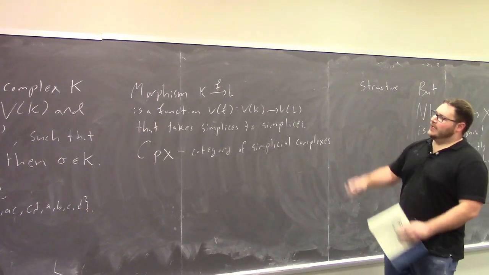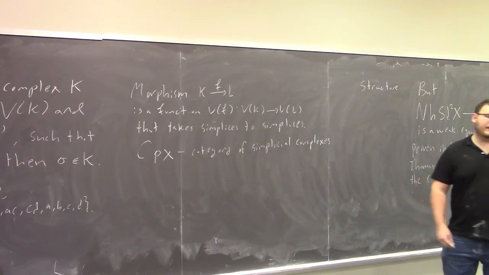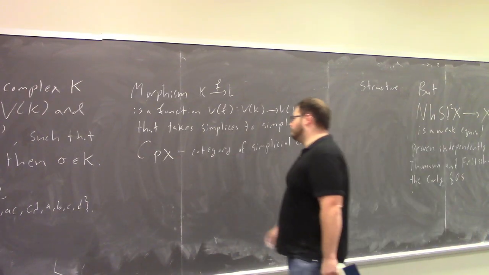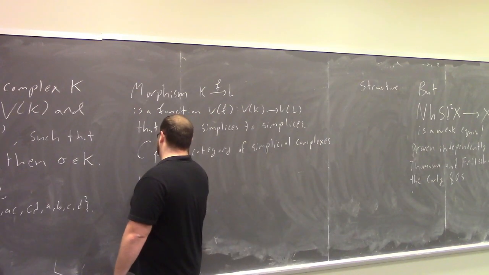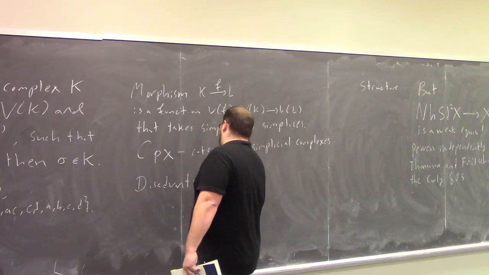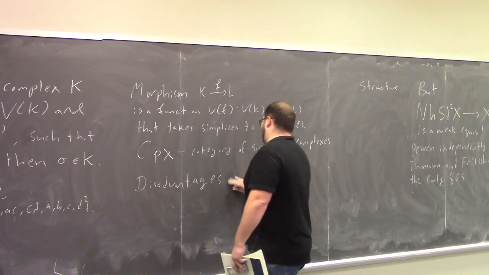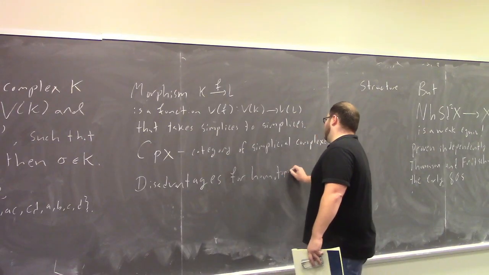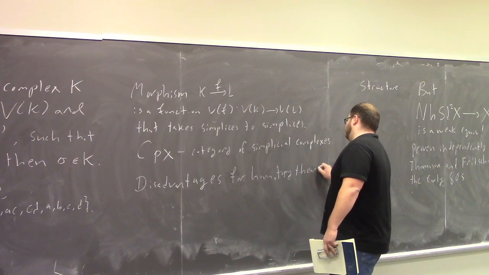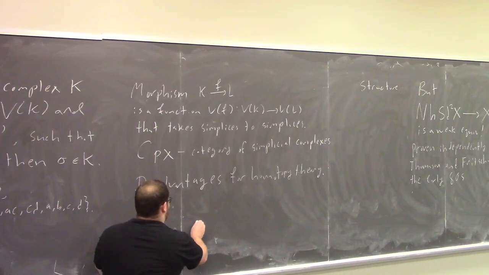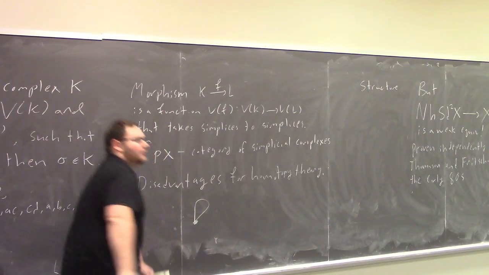So simplicial complexes show up more in combinatorics than they do in homotopy theory. They have a lot of disadvantages for homotopy theory. You can't do something like a loop, right?